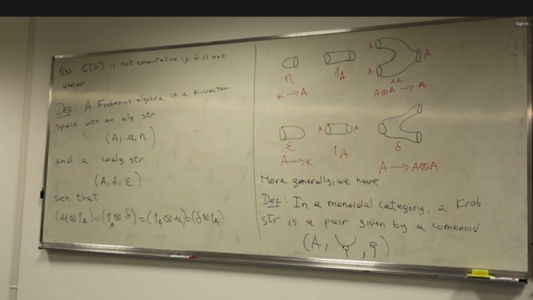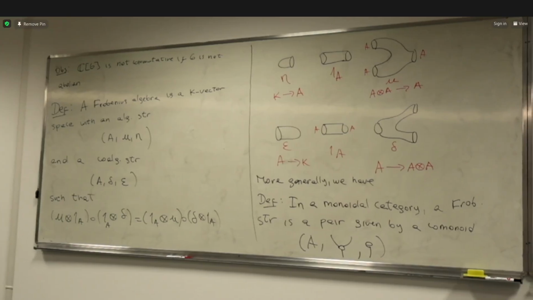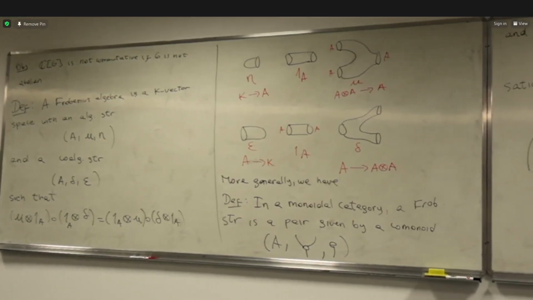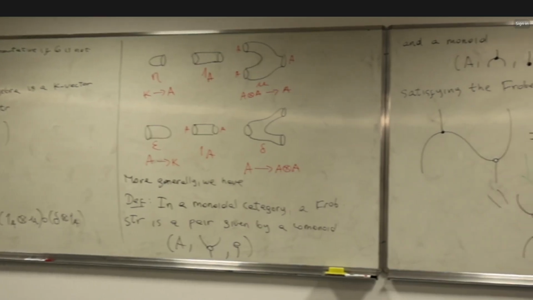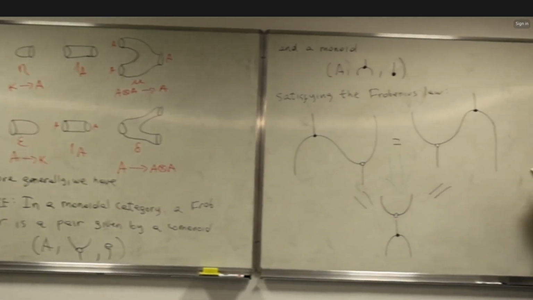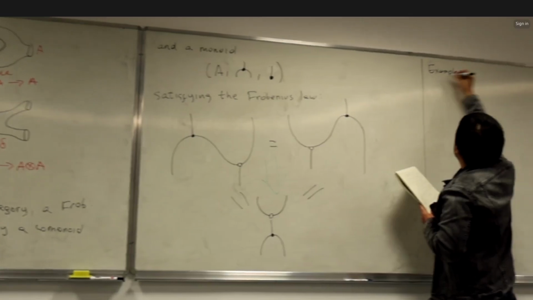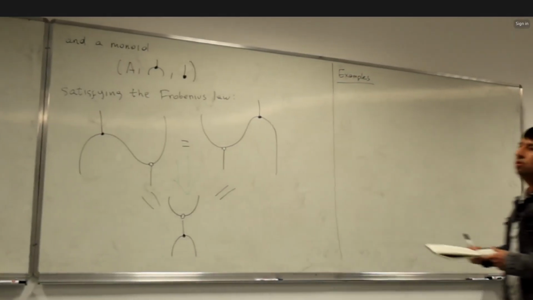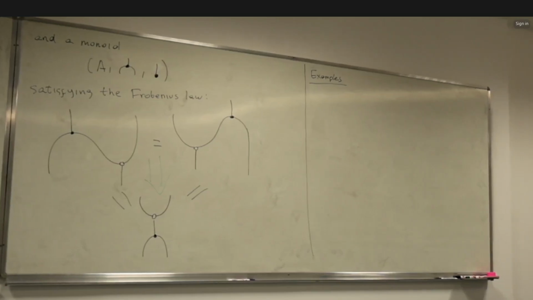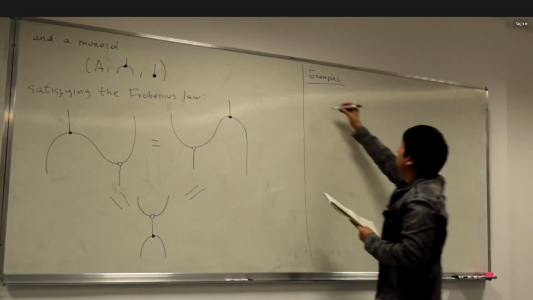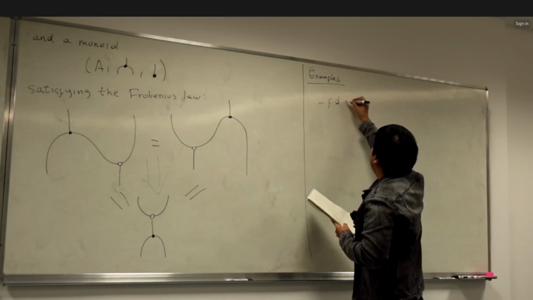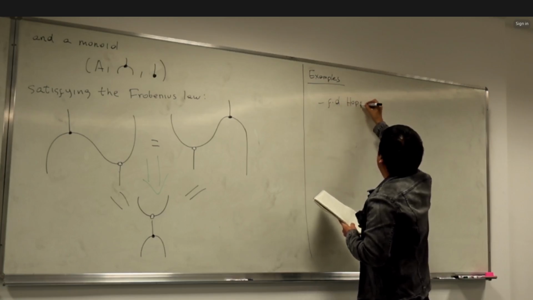Well, let's give some examples. Examples of Frobenius algebras. Okay, for instance, finite dimensional Hopf algebras.